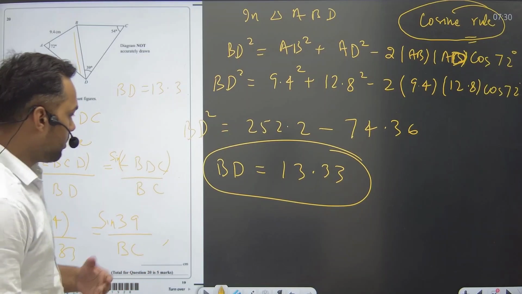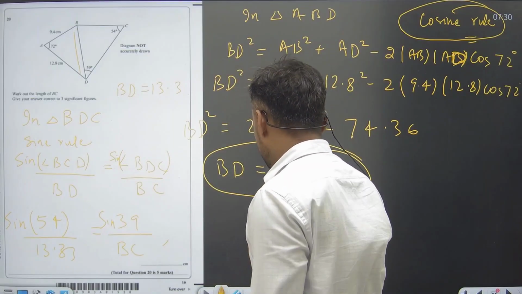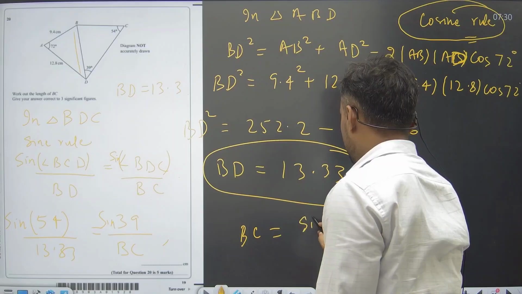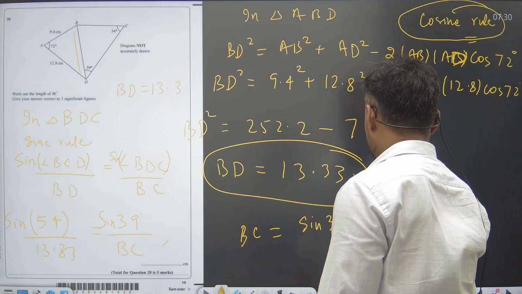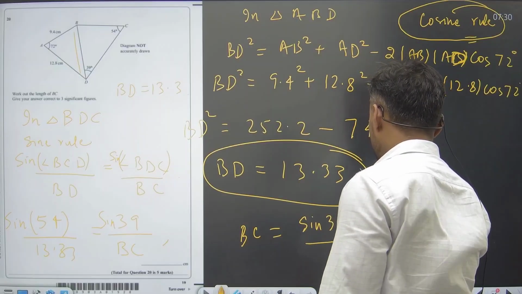We just need to transpose the values, and we will get BC equals sine of 39 cross 13.33 upon sine of 54.